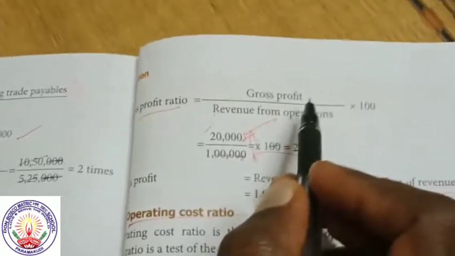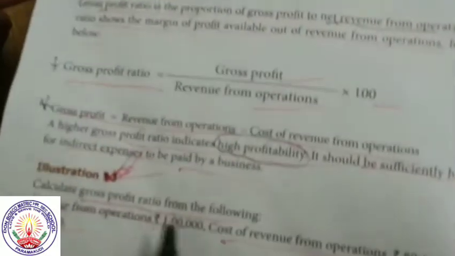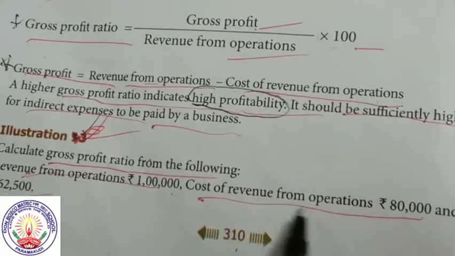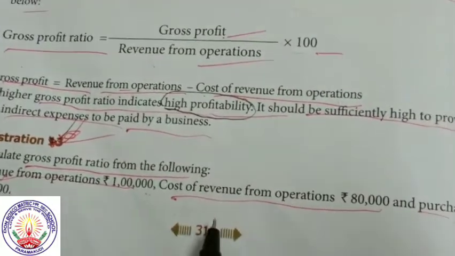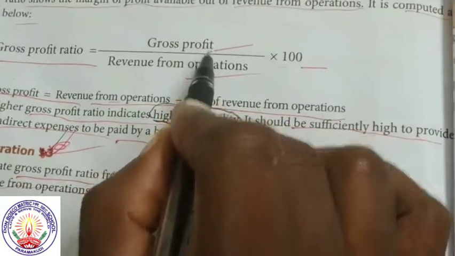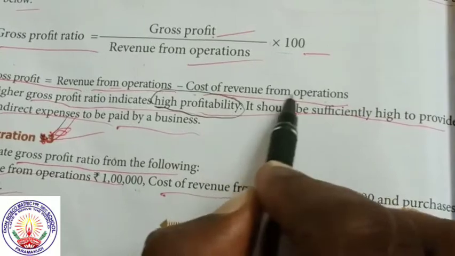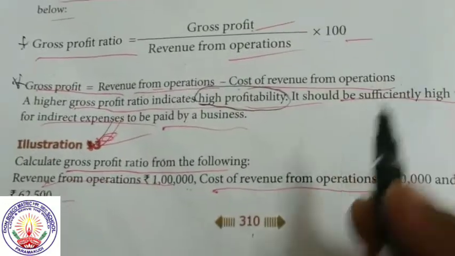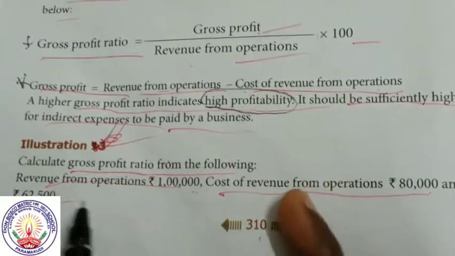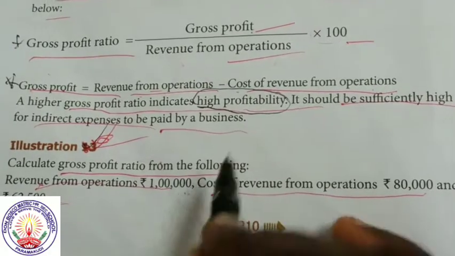Gross profit is not directly given, so we find it: revenue from operation minus cost of revenue from operation. Revenue from operation is rupees 1 lakh.